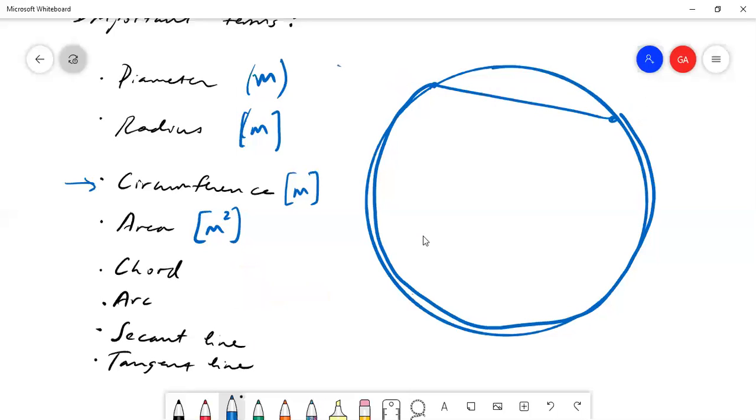Okay, so a secant line is similar to a chord. It's generally just a line that goes through the circle. A chord is a line segment, and it ends at the two points where it meets the circle. But a secant line is a more general line that passes through generally two points of the circle. And a tangent line is a line that only touches the circle once.